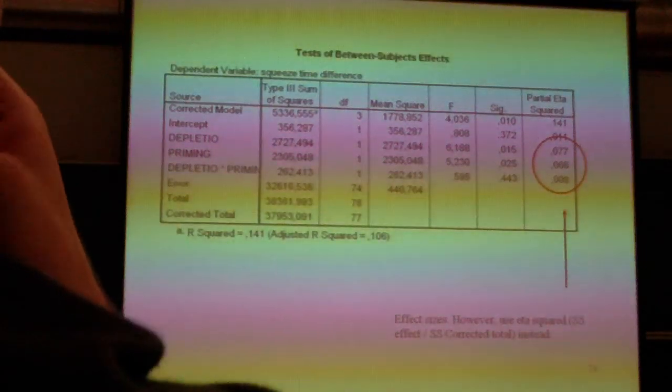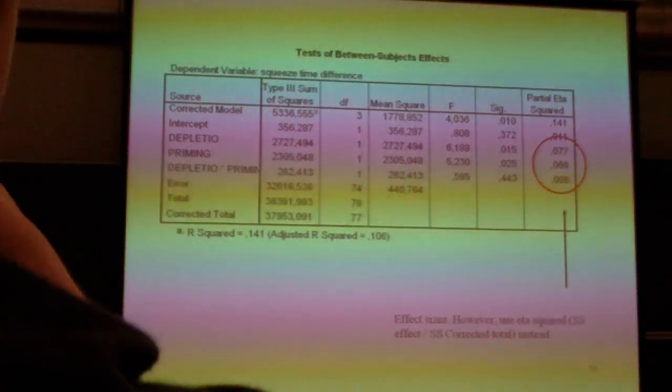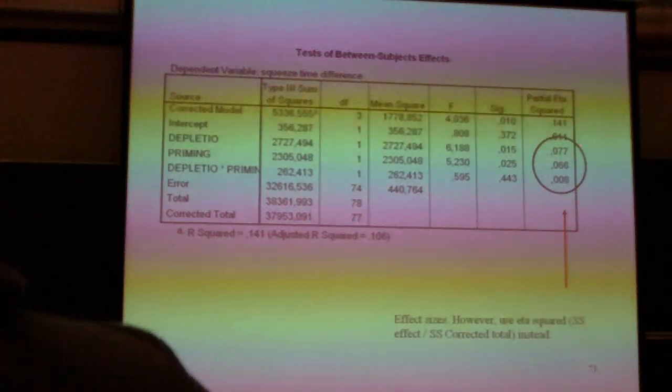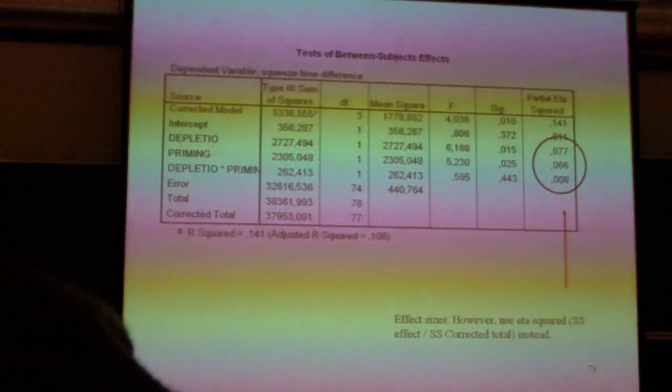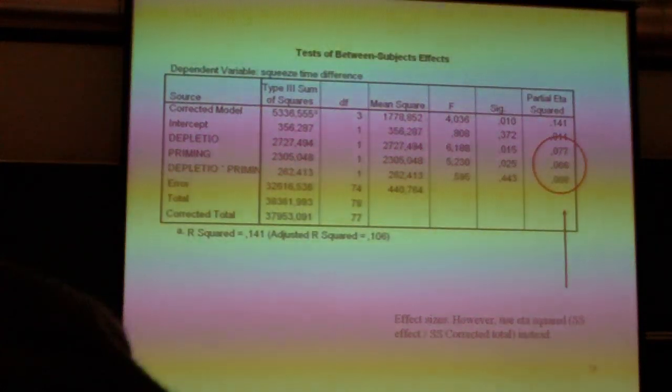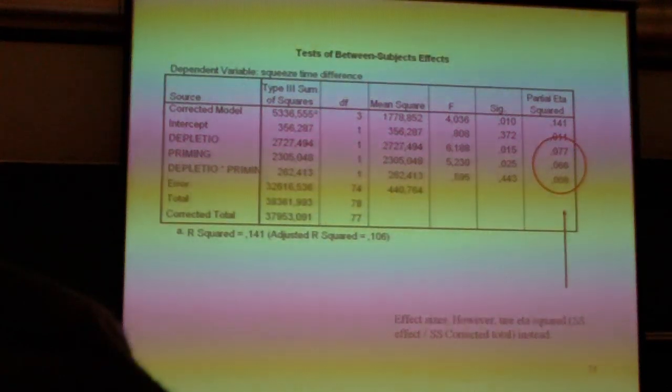So what we find here is two main effects, which both can be designated as medium effect sizes. So we have actually found something interesting by uncovering the significant effects for difficulty and priming.